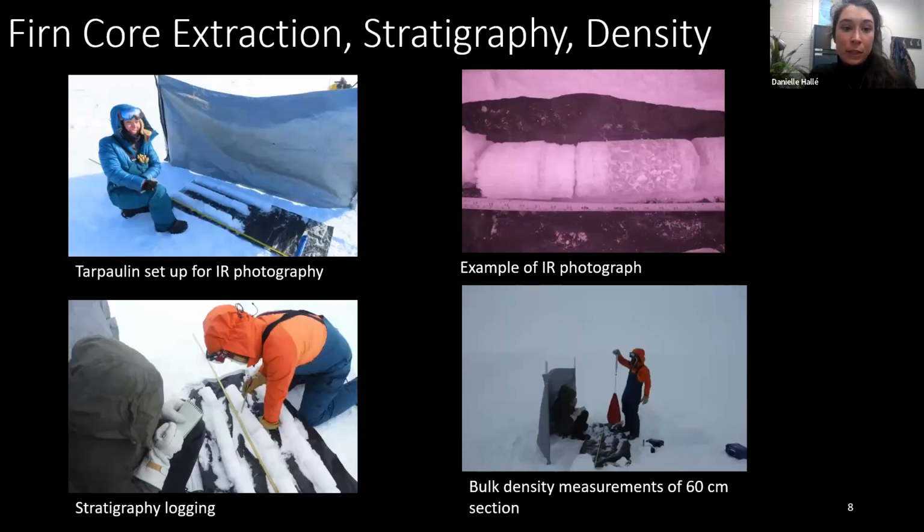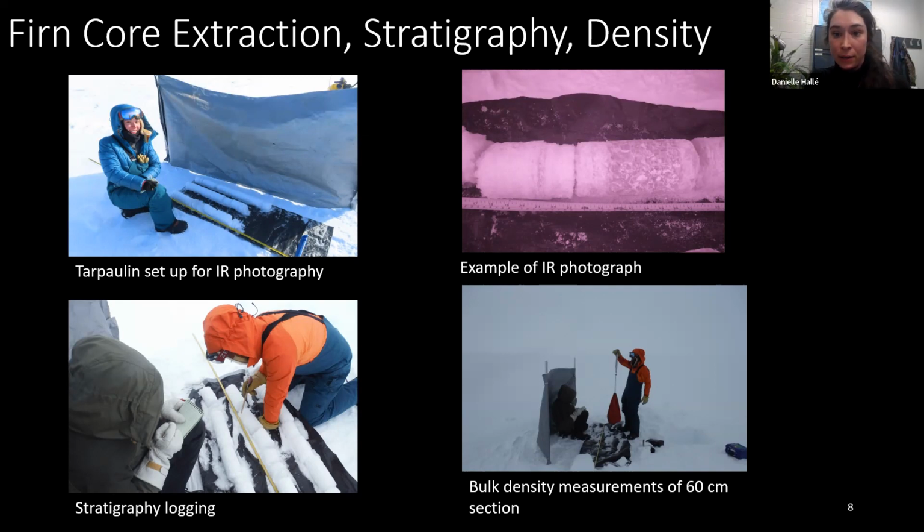So my project is focusing on how the firn layer has changed in relation to past work that has been done on Devon Ice Cap. And here I was using the exact same infrared camera as Bouzeau et al. used in 2012. And this is an example of the infrared photography on the top right corner of the slide.